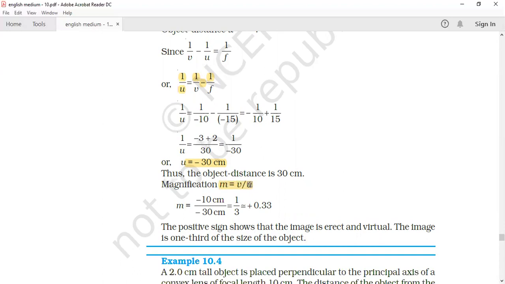In the concave mirror it is minus v by u, but in the lens it is plus v by u. So we put all the values of v and u, and we got plus 0.33. The positive sign shows that the image is erect and virtual. The image is 1/3 of the size of the object. So friends, a simple numerical we showed here.